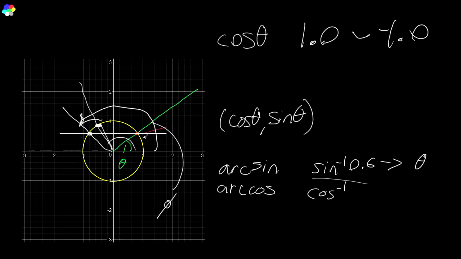There are going to be multiple possible answers, because it could be theta, it could be phi, it could be theta plus 2 pi, or theta plus 4 pi, or phi plus 2 pi, right? However many times you go around the circle, you end up at the same point. So there are actually an infinite number of solutions.